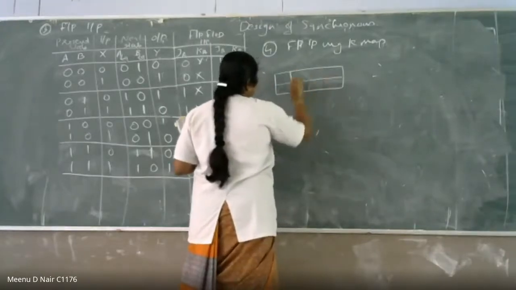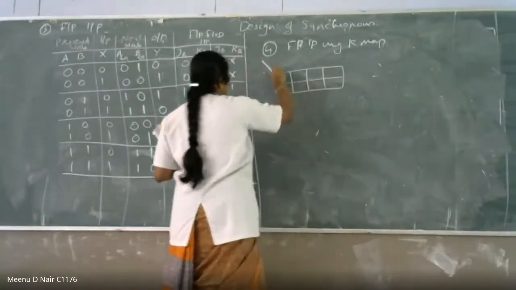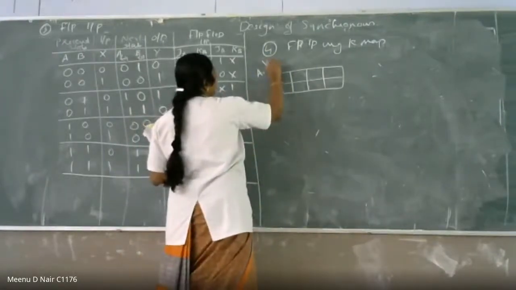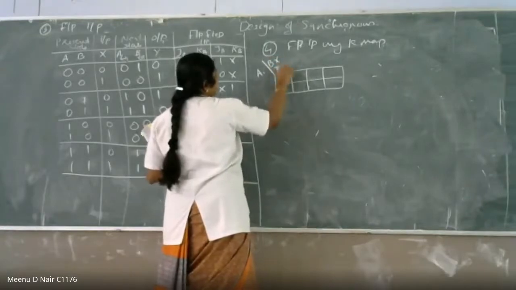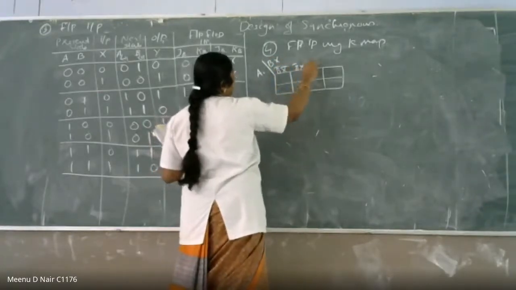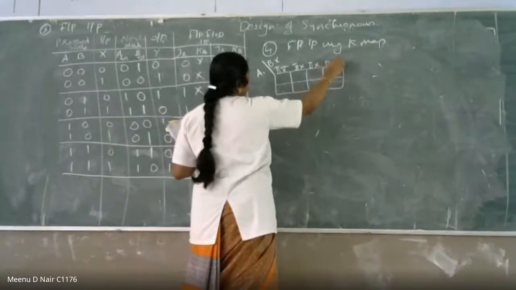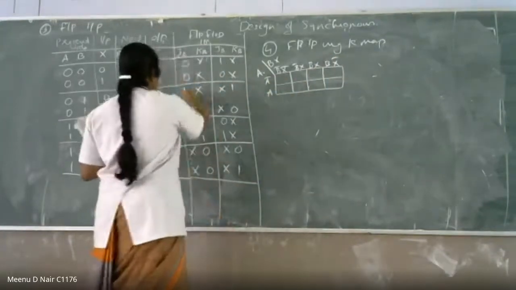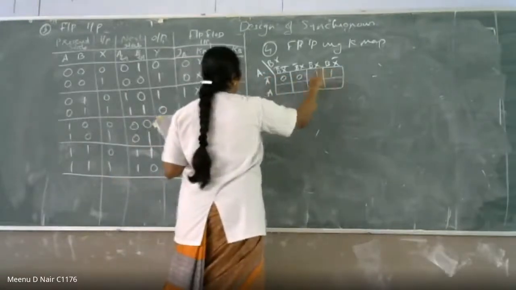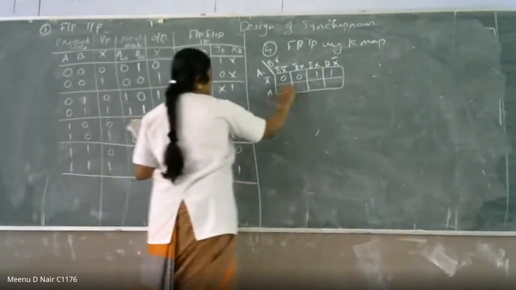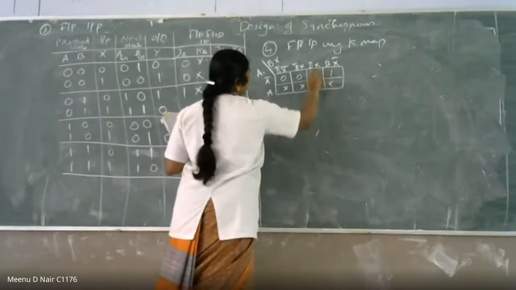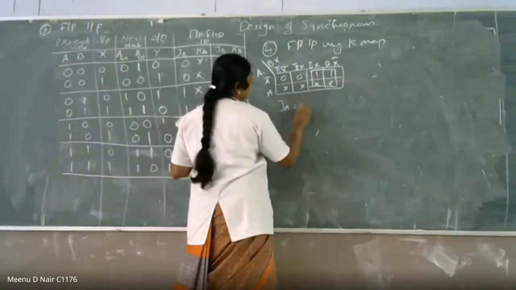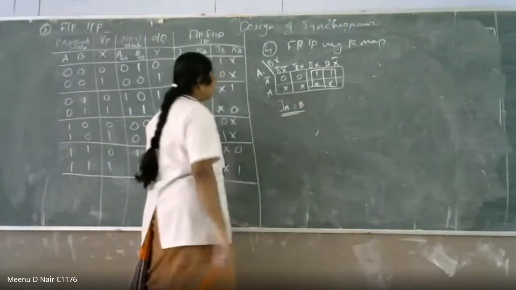You are going to see A, B, X, with B bar X bar, B bar X, BX, BX bar, and A bar, A. You can put it as 0, 0, 1, 1, then X, X, X, X, X, X. So what is JA? JA is equal to B.